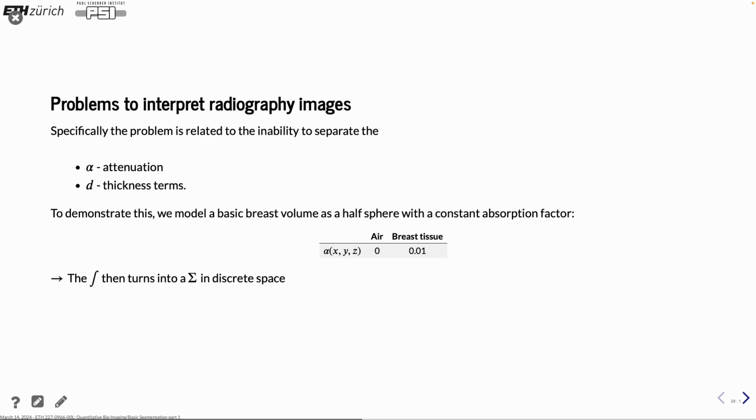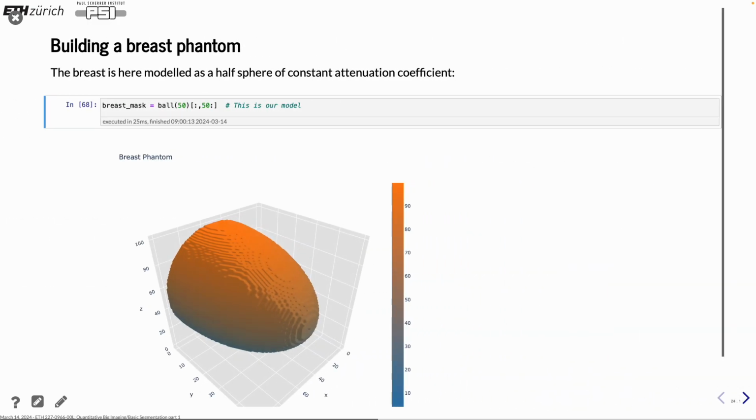As the beam flies through something that is not perfectly constant, we change this sum of materials from the original line integral, but now we reduce the example to discrete, so we have either air or breast tissue. Let's make a simple model. This is a half sphere that I cut out.